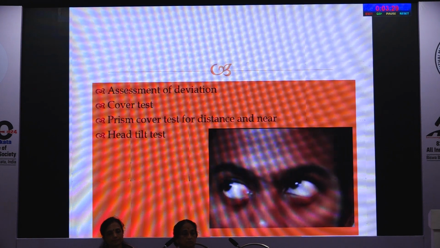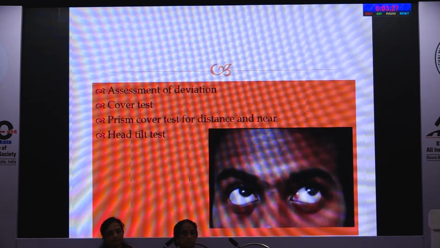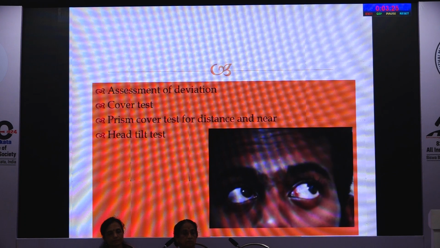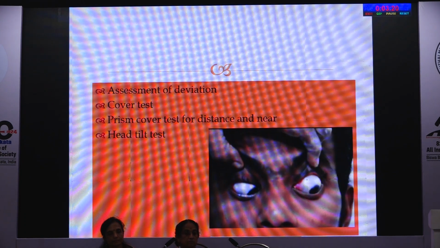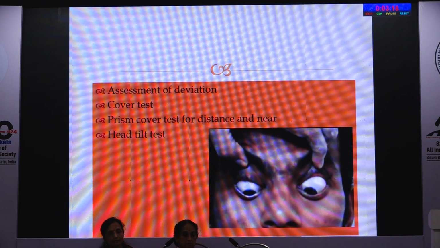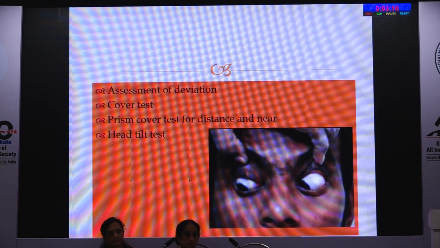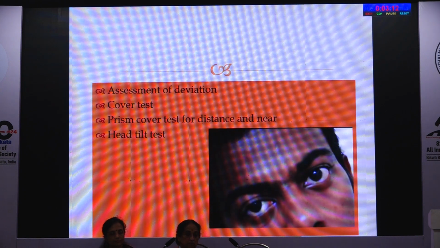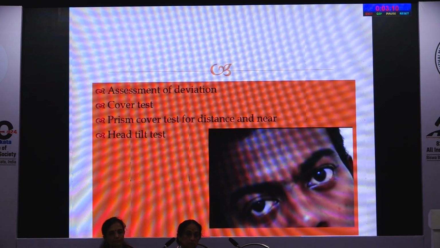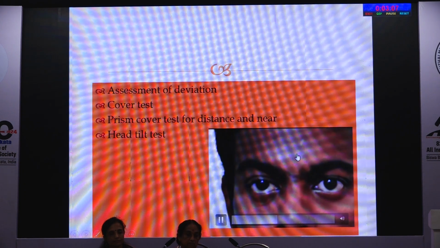Now, this is one form of palsy that is difficult to assess, like superior oblique palsy. The patient might come to you with typical symptoms like walking down steps is difficult, and suddenly they have developed double vision, and the deviation is usually subtle in most cases. So the head tilt test is a very important test, especially in hyperdeviations.